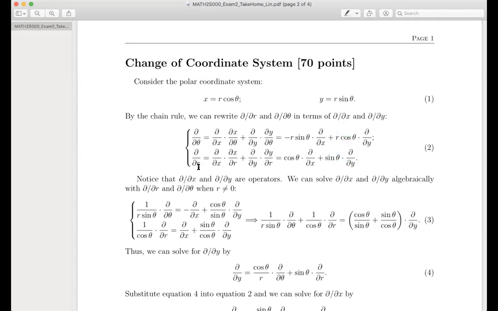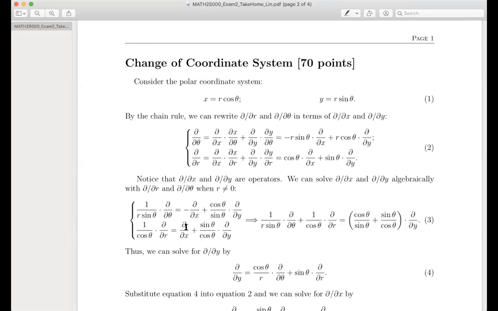Similar things, you can do for partial over partial r. So in this case, you can solve for partial over partial x and partial over partial y. Basically, you treat partial over partial x and partial over partial y as variables, and these are just constants.